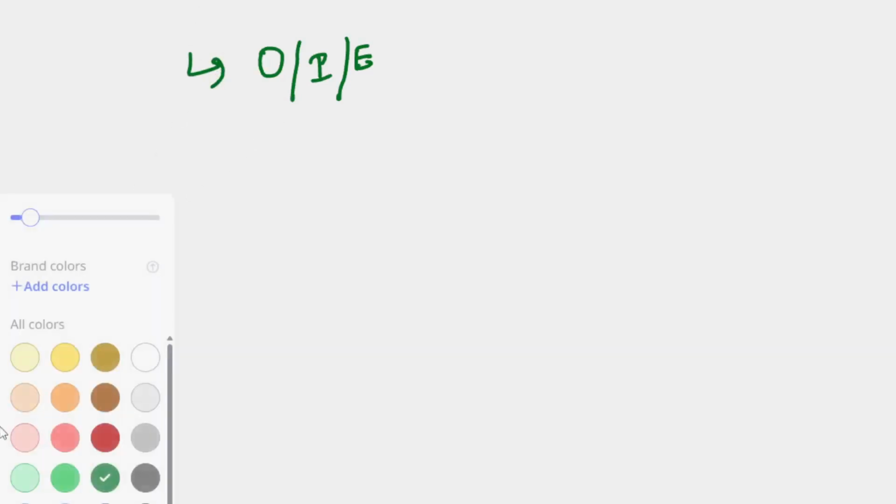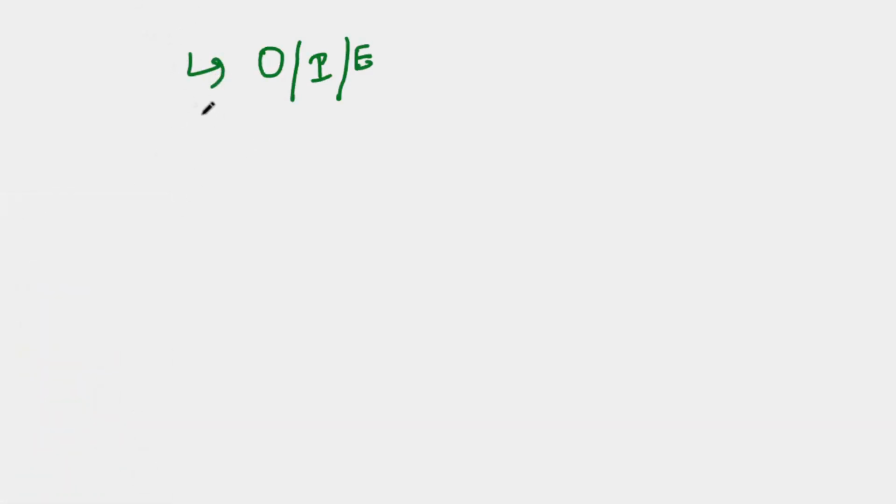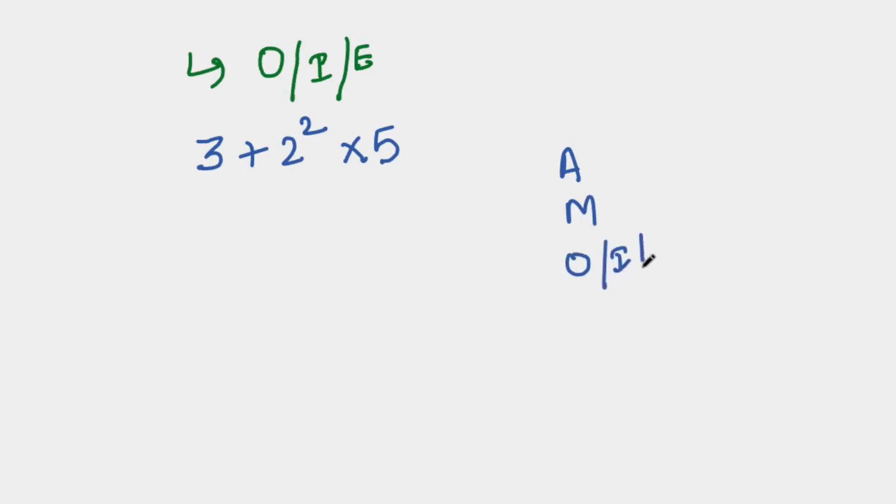Now if we have an expression like 3 plus 2 with the exponent 2 or power 2, and then let's multiply it by 5. So now we have three operations here: addition, multiplication, and order, indices or exponent. You may call it either of these, right? So this will be performed first.